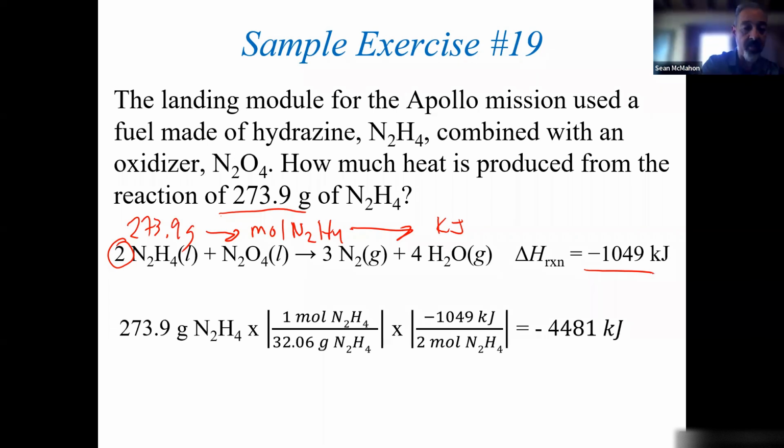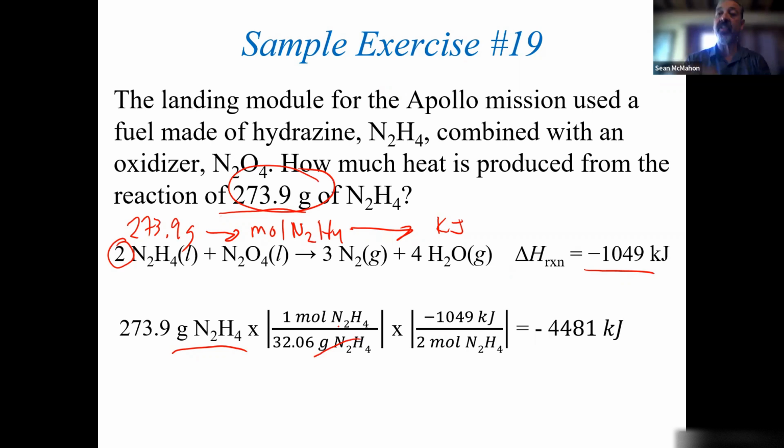So I start with grams of N2H4. How do I convert it to moles? Molar mass, rules of stoichiometry. Whatever they give you, convert to moles. If they give you 2 things, convert both to moles. It's just double stoich. So now they're giving me 1, so I'm converting it to moles, okay? So I have grams of N2H4, 1 mole.